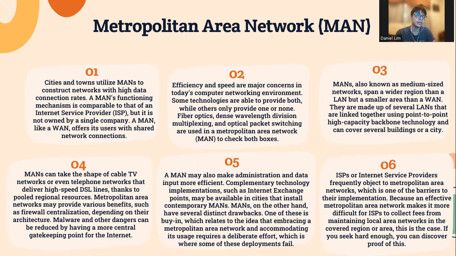In that case, malware and other dangers can be reduced by having a more central gatekeeping point for the internet so that they can avoid being invaded by viruses like hackers normally do.